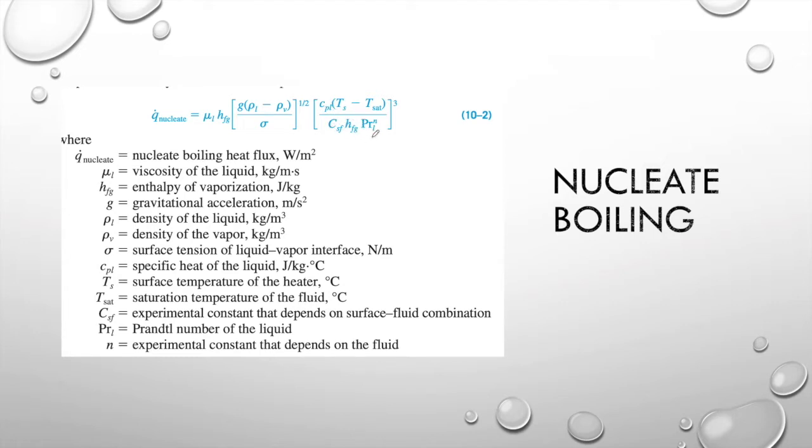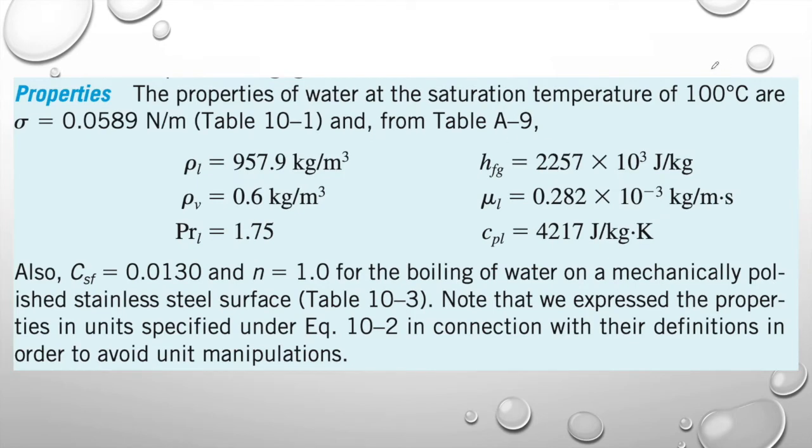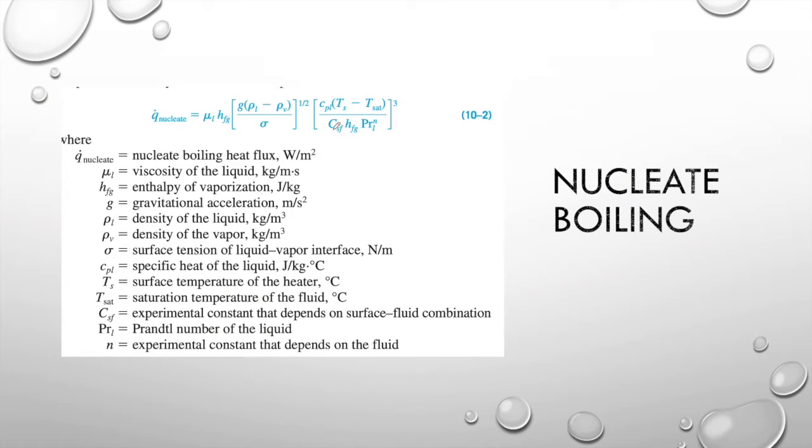All of these properties will be referred at 100 degrees Celsius. This is the properties of water at 100 degrees Celsius. Now we have C_sf and n, the Prandtl number to the power of n, so we have to determine the values of C_sf and n.